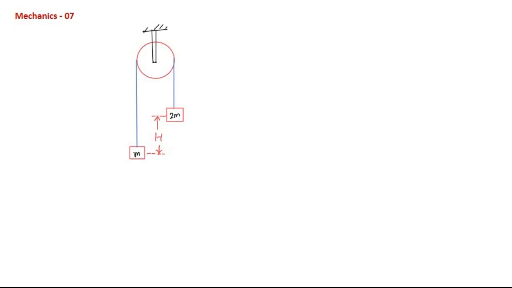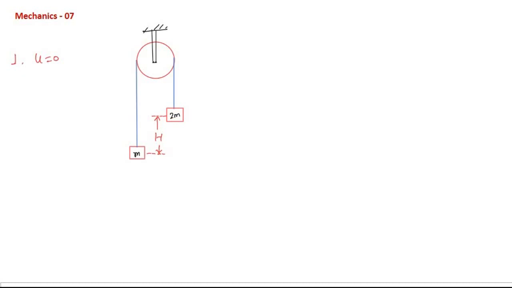This is a problem where two masses, m and 2m, are hanging with a pulley, and the distance between them is 2h. Consider that the initial velocity of mass 2m was 0, and the mass m was also 0, and the motion starts.